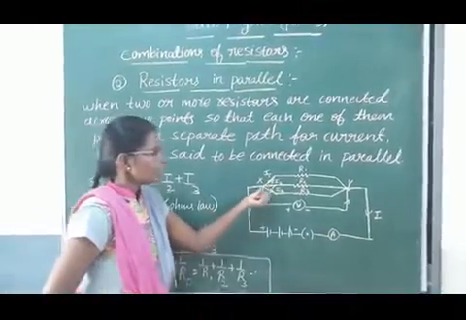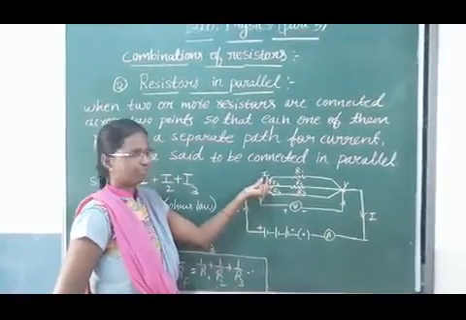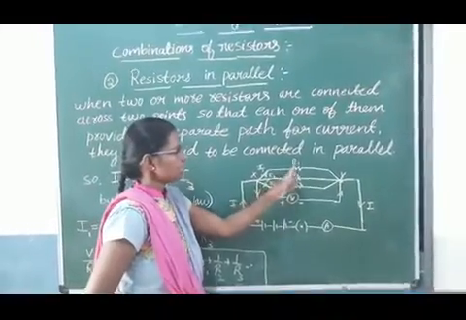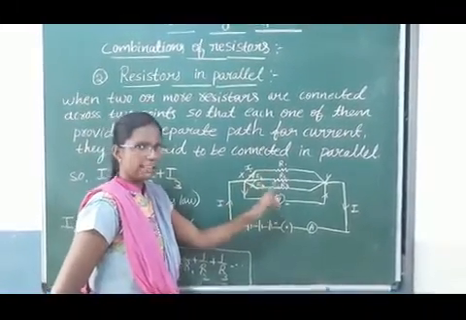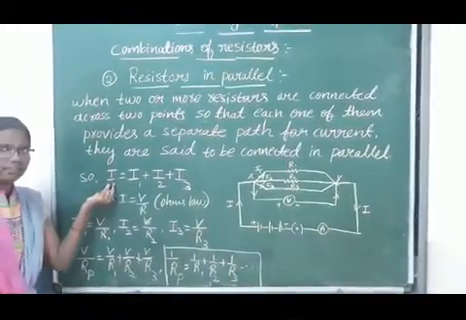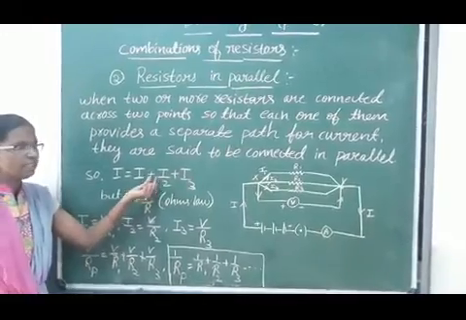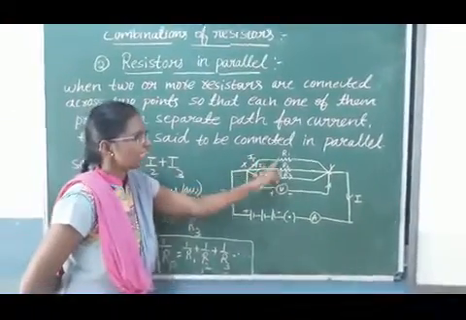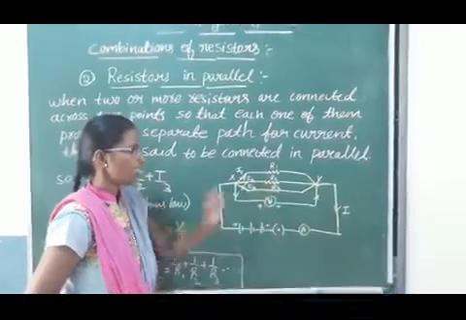So here each resistance has an individual current. R1 has a separate path for electric current, and R2 and R3 also. The total current is always equal to the sum of the currents passing through the three individual resistors R1, R2 and R3.